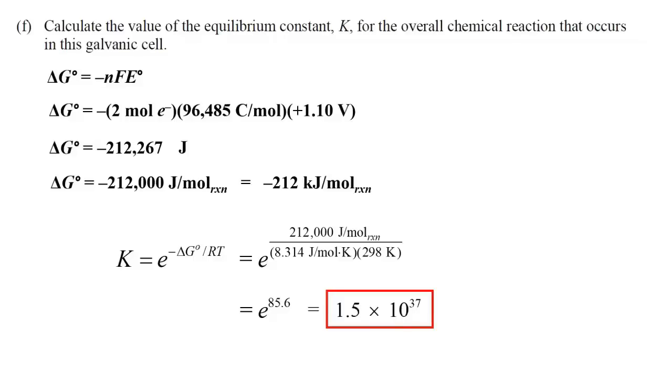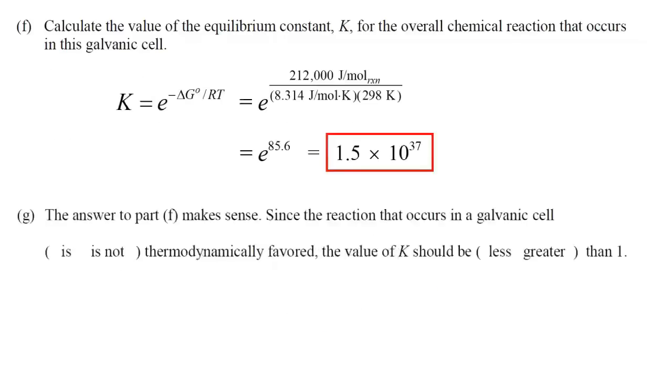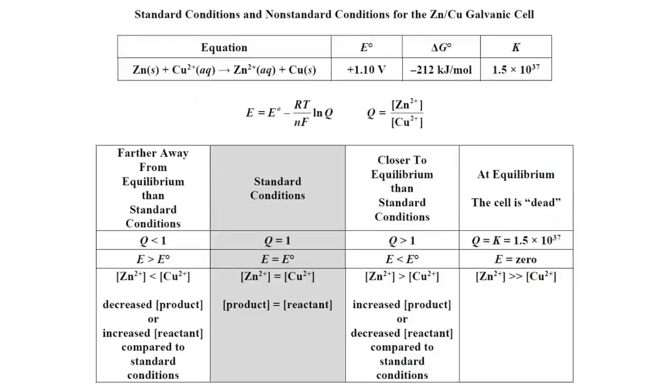That's a very large value, but it indicates that this reaction is favoring the formation of the products. So there's our answer to part F based on the calculation for the equilibrium constant. And in part G, the answer to part F makes sense. Since the reaction that occurs in a galvanic cell is thermodynamically favored, then the value of K should be greater than 1.